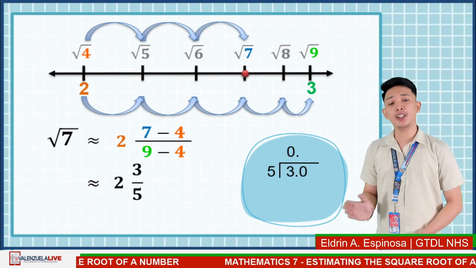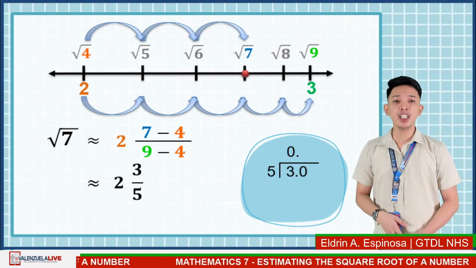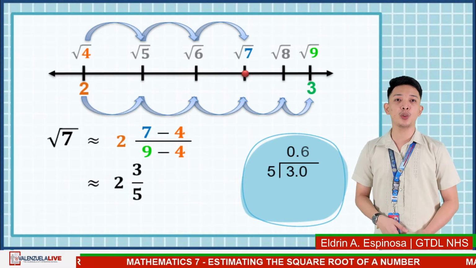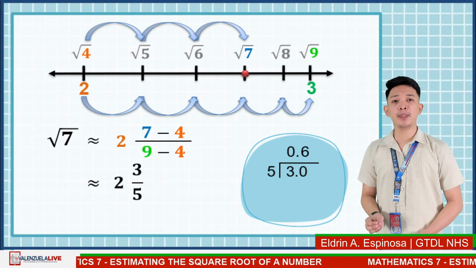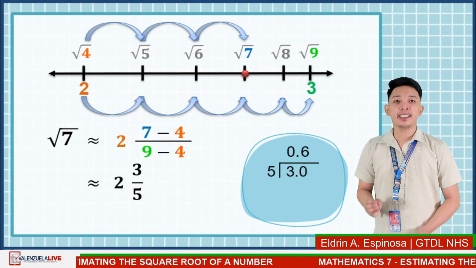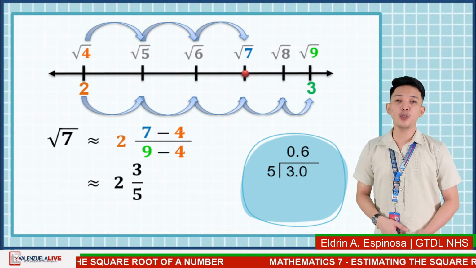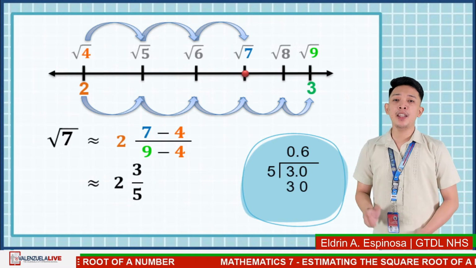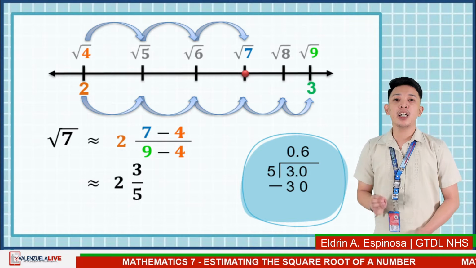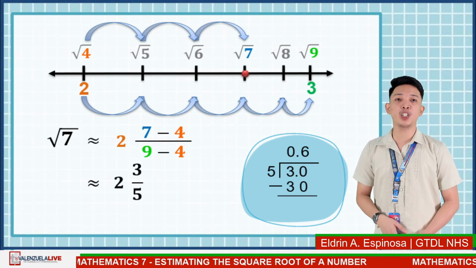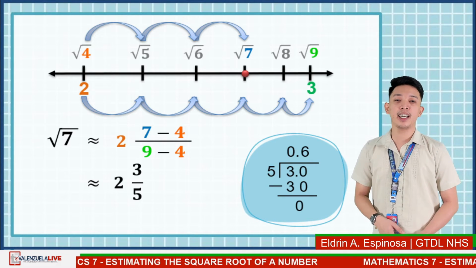Now, we can divide 30 by 5. 30 divided by 5 is equal to 6. Then we're going to multiply 6 by 5. 6 times 5 is equal to 30. Now, we will subtract 30 from 30. 30 minus 30 is equal to 0.